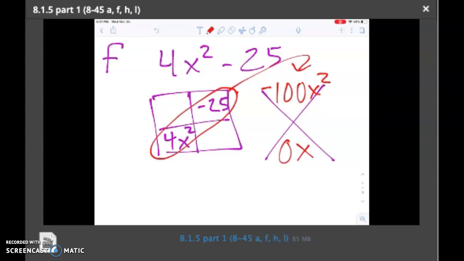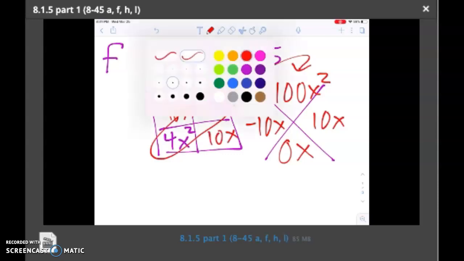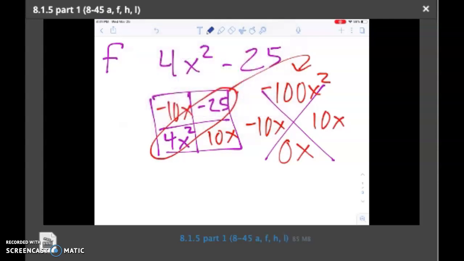And now again, we're thinking of those factors. What do we multiply together to get negative 100x squared and add to get 0x? Those are negative 10x and 10x. I'm going to drop those into my generic rectangle, and again we're looking for the dimensions. The greatest common factor that goes into 4x squared and negative 10x is going to be 2x.